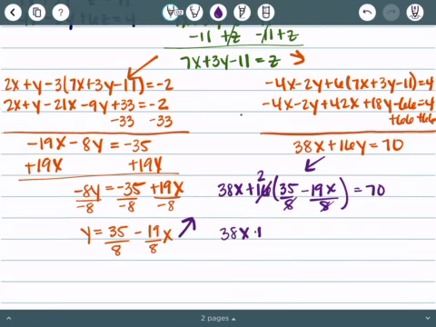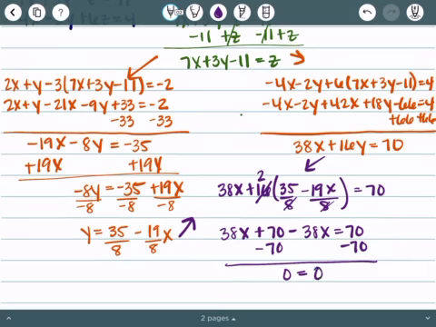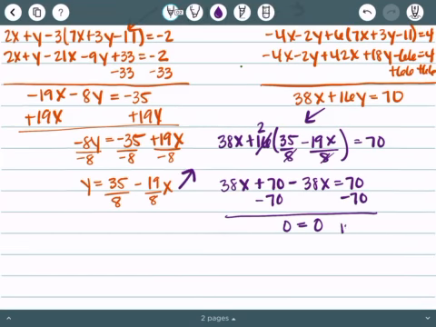So then I have plus 70 minus 38x equals 70. So then I'm going to subtract my 70 from both sides, and I'm going to combine my like terms, and I'm going to get 38x minus 38x equals 0, and 70 minus 70 equals 0, which is infinitely many solutions, because that is true.